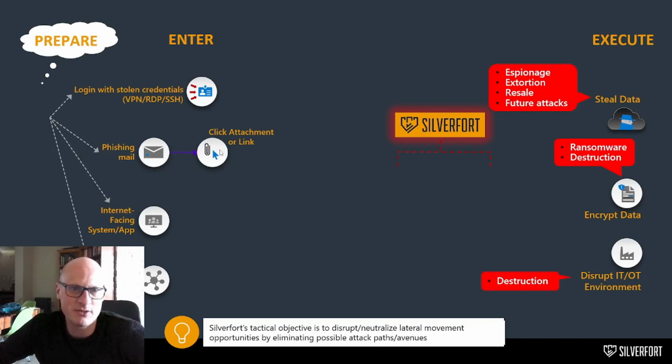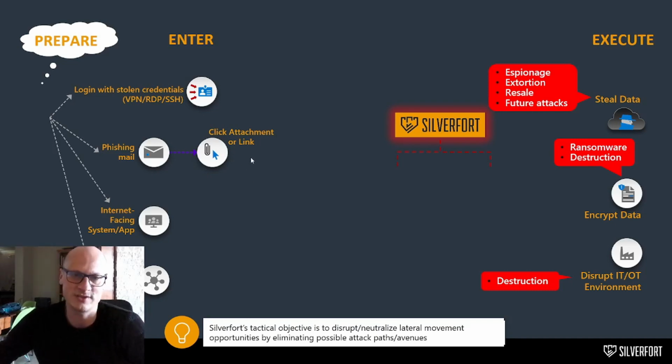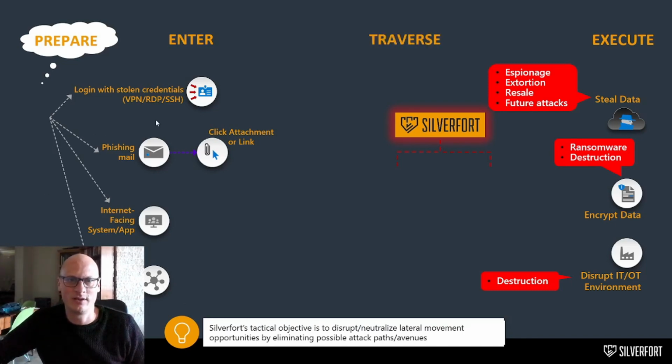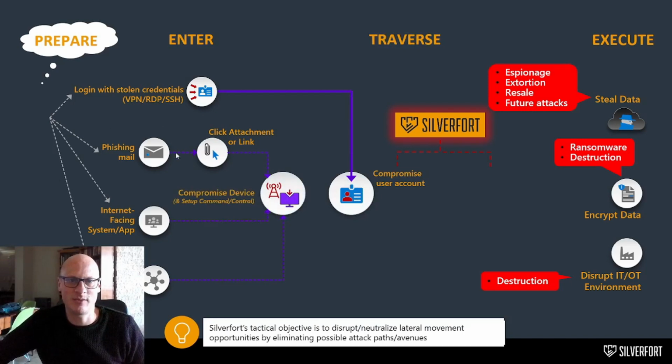Or perhaps it's a phishing mail with a malicious link where they get malware, so they have a backdoor into your PC, or it could be credentials that they steal through a phishing link, or an internet-facing system and app, and you can't see this, but it's attack IoT device, which doesn't actually happen that often. So yeah, that's how the threat actor wants to get into the environment.